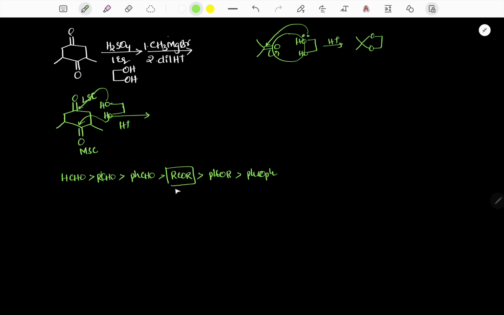That's why I am considering the steric factor. The less sterically hindered ketone will react. The more sterically crowded ketone will not react. That's why we form the cyclic acetal with the less sterically crowded ketone by losing water.